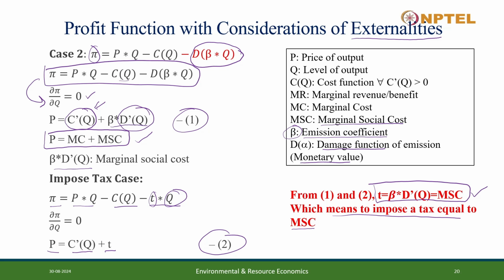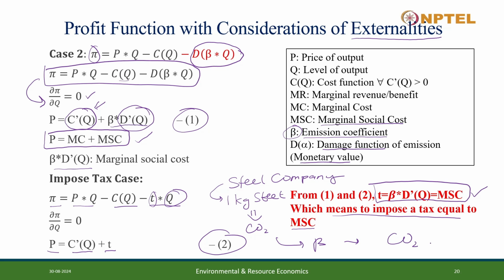Emission coefficient is like, let's say, in this case, if we are taking a steel company, then to produce 1 kg of steel, what will be the CO2 emission? So beta will be the CO2 emission per kg of steel production.